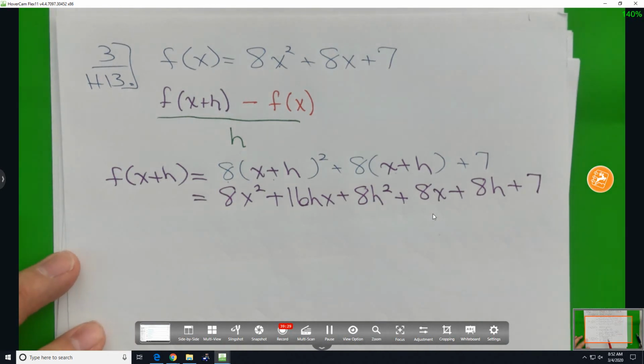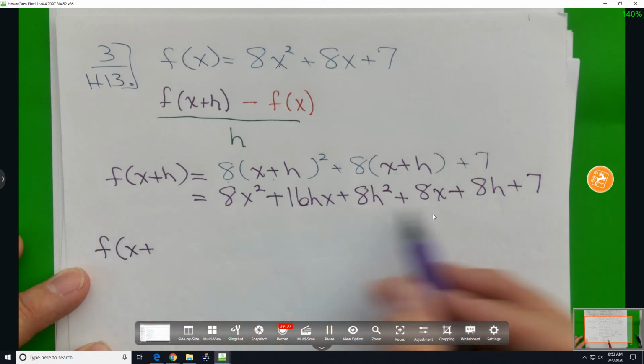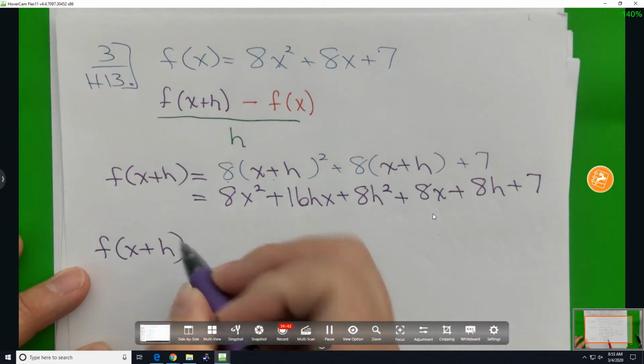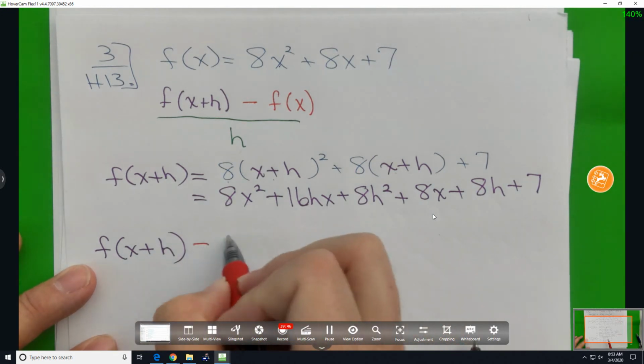And that's the long part of the problem. The rest of it's going to fall out really easily. And this is nice because we don't have to type in this messy answer there, okay? They're only wanting the final answer. So we take what we just found and we take away f of x.